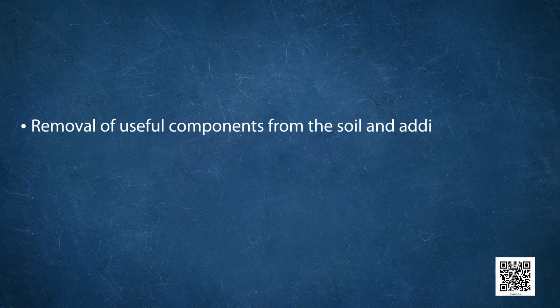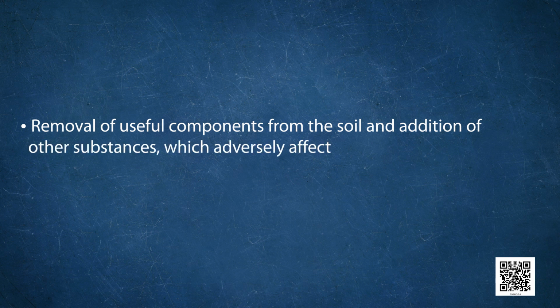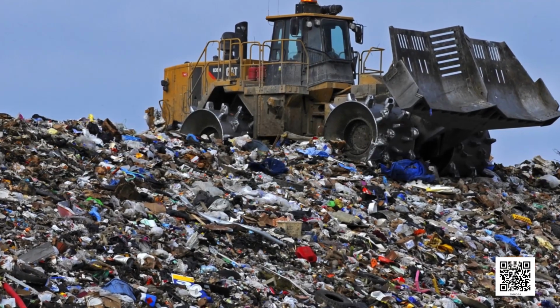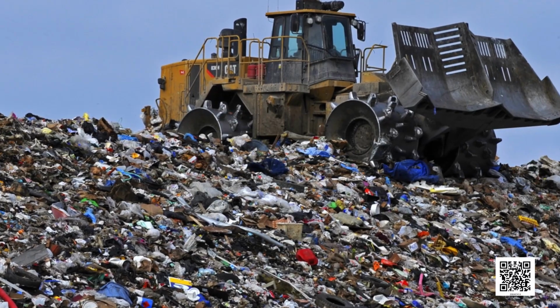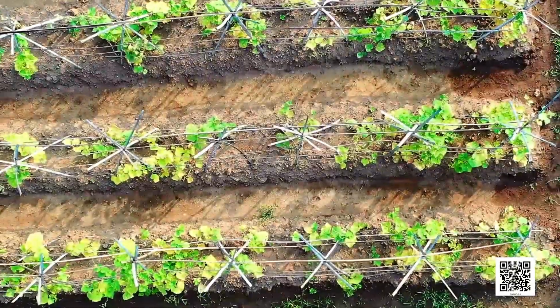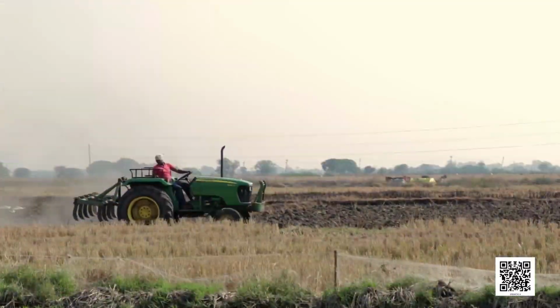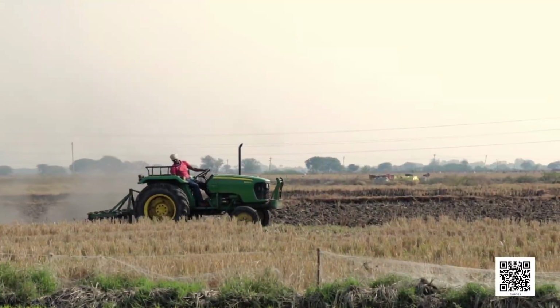Soil pollution. Removal of useful components from the soil and addition of other substances which adversely affect the fertility of the soil and kill the diversity of organisms that live in it is called soil pollution. Modern farming practices involve the use of large amounts of fertilizers and pesticides.